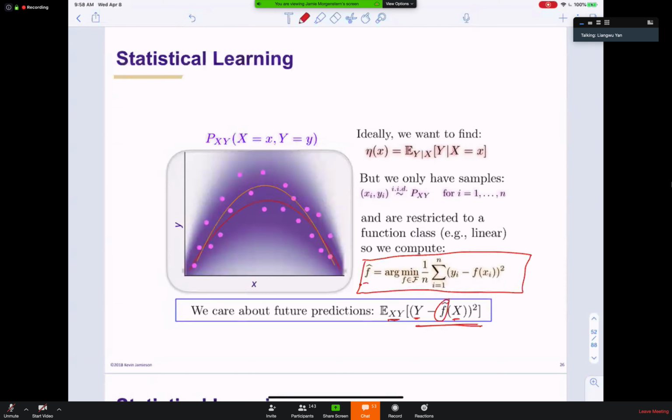In the bottom, you said we care about future predictions, and both here, both x and y are the predicted data. So both of them are unknown before. But both of them serve as random variables, and we care about the expectation here.